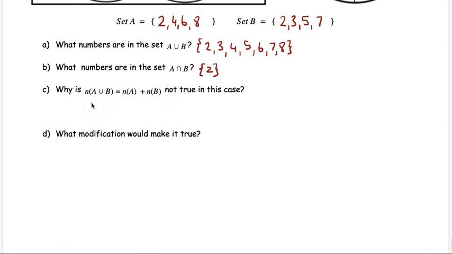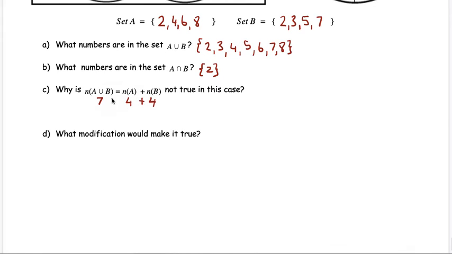Now, we have this strange notation here, the number of items, and we looked at this in a previous lesson. So the number of items in A union B, if we count them as 1, 2, 3, 4, 5, 6, 7, right? And the number of items in A is 4, and the number of items in B is also 4, okay?